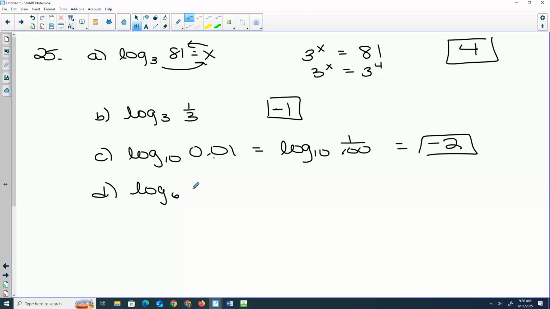D, log base 6 of the square root of 6. That's saying 6 to what power equals the square root of 6? If you're not sure, remember, square root is just a 1/2 power. We know log base 6 of 6 would cancel, so it's just 1/2.